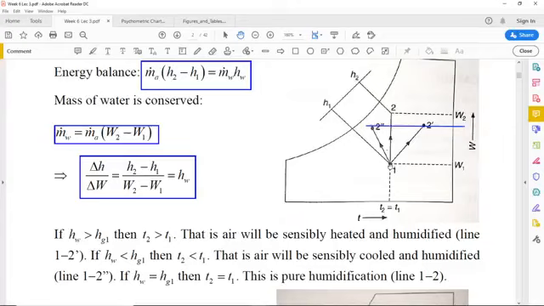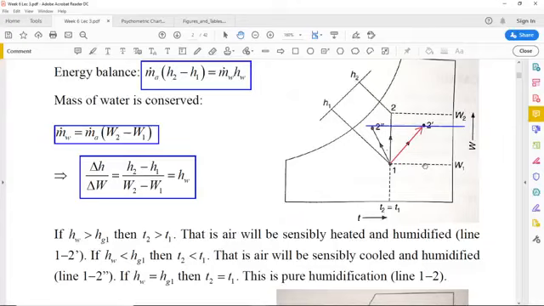From state 1 we can reach this humidity ratio by a number of different paths that are shown over here, and there are three distinctions between the paths. If we look at the process line 1 to 2 prime, it shows an increase in the humidity ratio, but at the same time there is an increase in the dry bulb temperature.